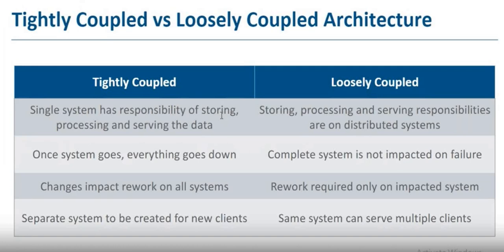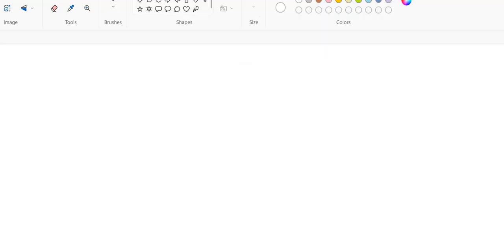With the help of these two types of architecture, we can easily develop an application: tightly coupled architecture and loosely coupled architecture. What are they? We'll see here. I will give an explanation so that you can easily understand.